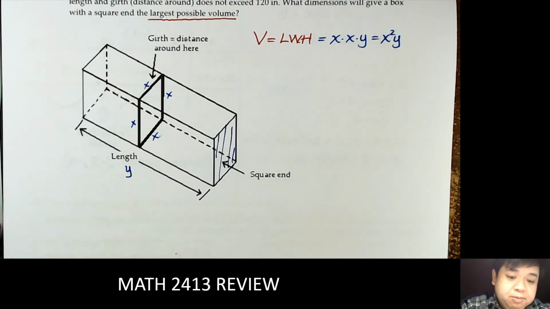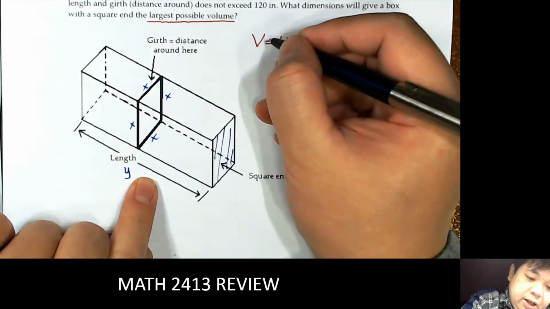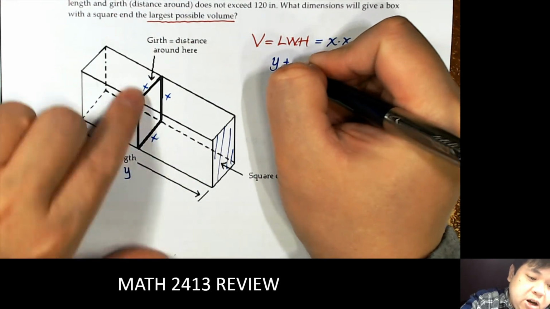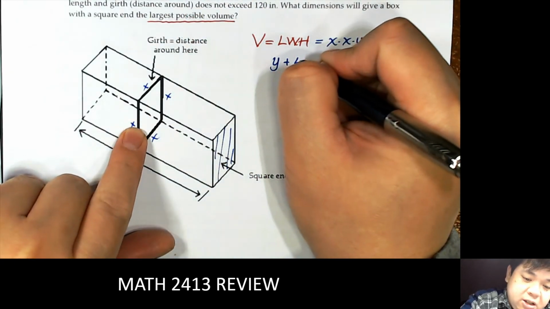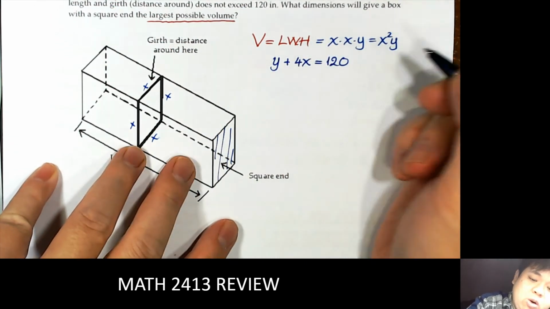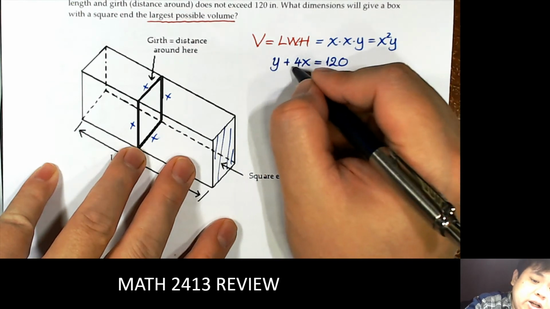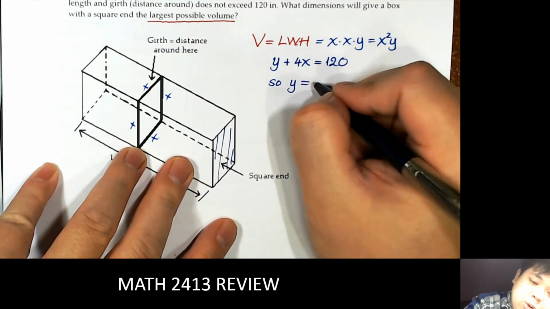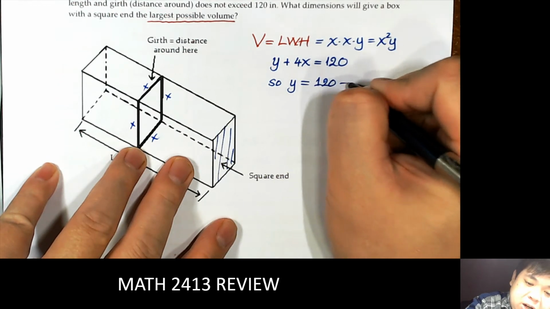So we write the length, which is y, plus the girth, which is 4x, has to be 120. And we solve for x or solve for y. If we solve for y, it is equal to 120 minus 4x.